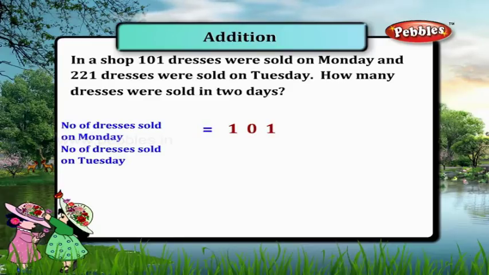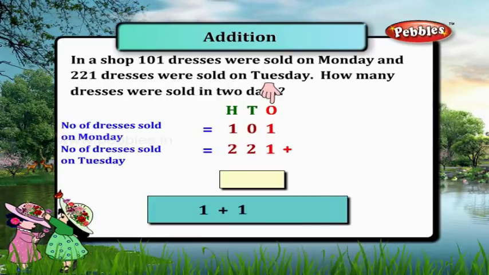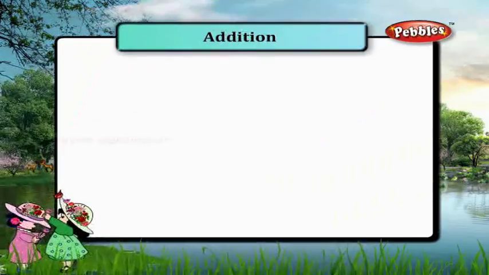Number of dresses sold on Tuesday is equal to 221. Add the ones. 1 plus 1 is equal to 2. Add the tens. 0 plus 2 is equal to 2. Add the hundreds. 1 plus 2.